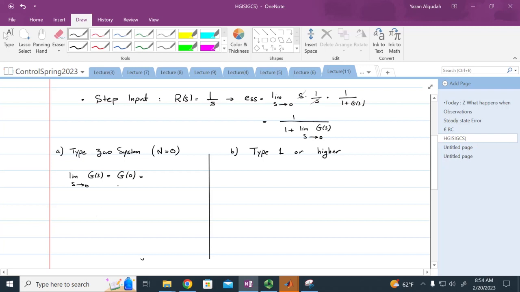Agree? And therefore, this is just going to equal a constant. We're going to call it Kp, and we're going to define this Kp as the position constant.